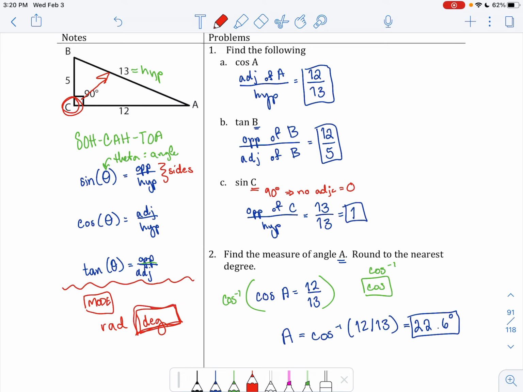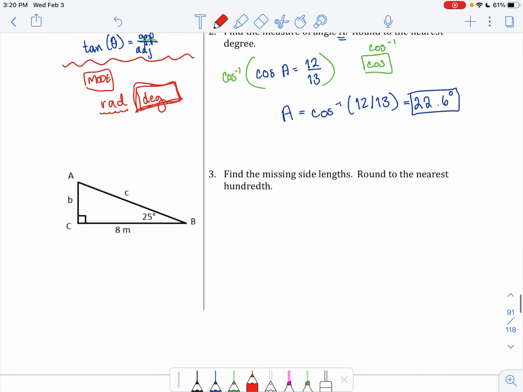These are just different units, and we'll talk about radians tomorrow. Just as a nice review, it's about what unit you're measuring your angles in, and in this case, you're probably going to be measuring in degrees. So if you get a weird answer for cosine inverse for this problem, it's because your calculator is probably in radian mode, or maybe even one of the other units.